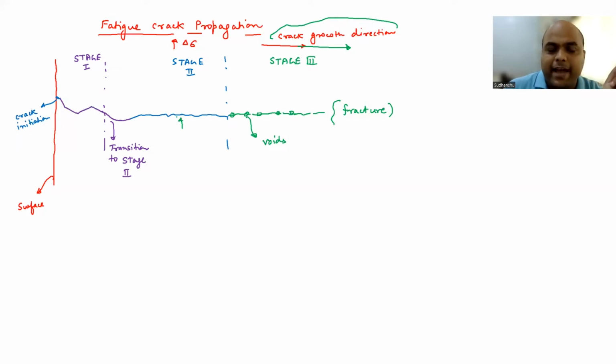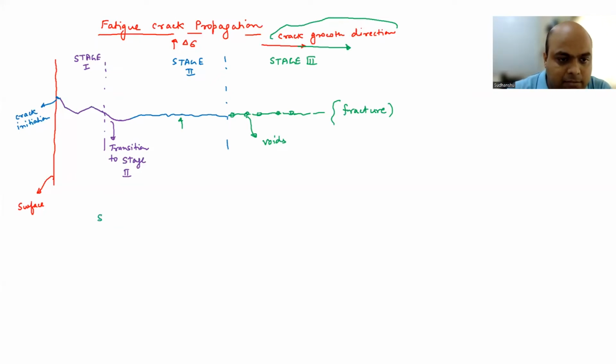As soon as the crack enters stage 3, you have dominance of, say, uniaxial tension, and the mechanisms we studied for void nucleation, growth, and propagation, as well as cleavage, will now be active. That happens in stage 3, and finally your sample is going to fracture. So this is how a fatigue crack propagates after its initiation. Now we'll go one by one: stage 1, stage 2, and stage 3.